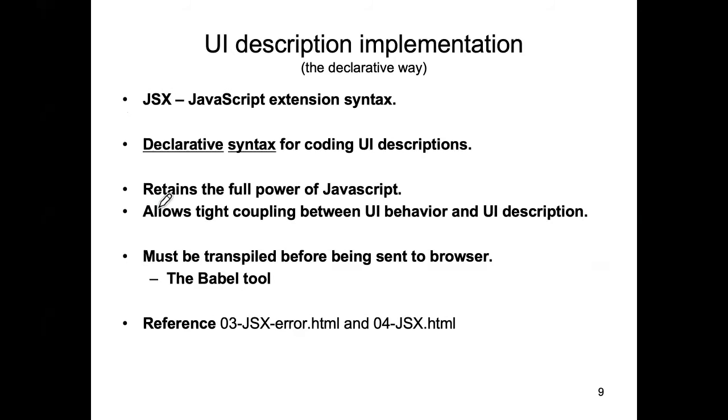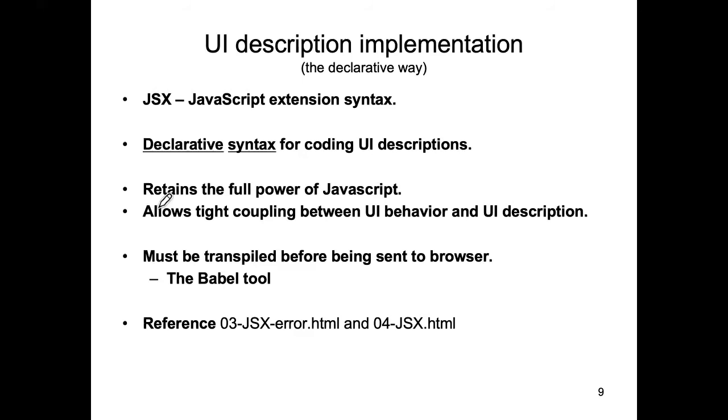The React team gave us a declarative way of achieving this, and the declarative way is enabled by something called JSX, which stands for JavaScript extension. And essentially what JSX will allow us to do is to write our UI description using almost pure HTML, slightly different, but the difference is as little as makes no difference.